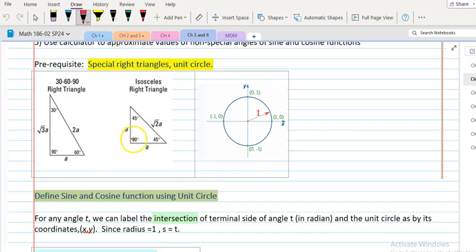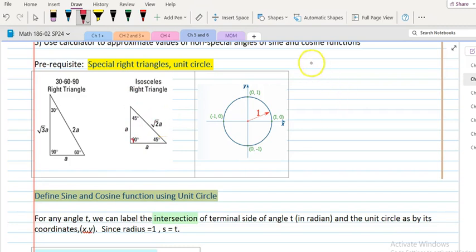Then you have this right angle, and the other two angles are the same, because it's isosceles. If they're the same angle in geometry, we say that they also have the same side. These two legs would be the same, and then the hypotenuse is C. Based on the Pythagorean theorem, the side lengths would be A, A, and root 2 A.